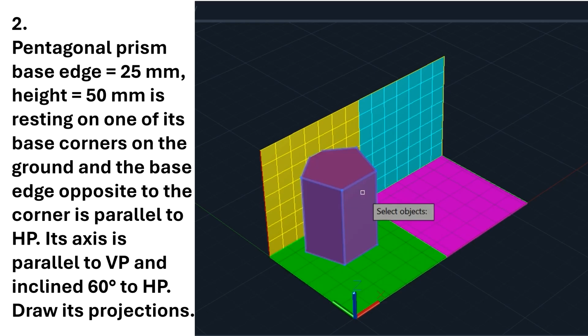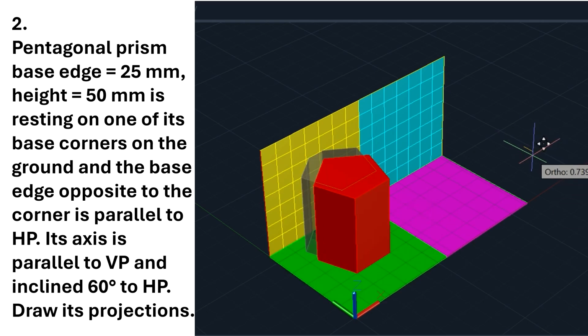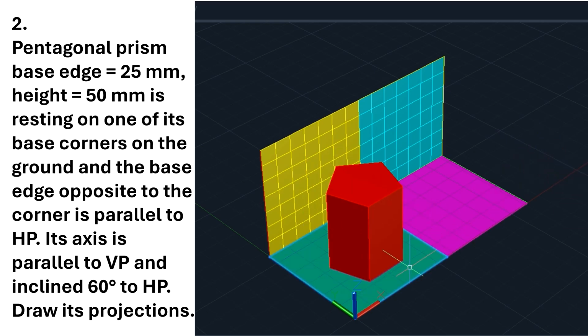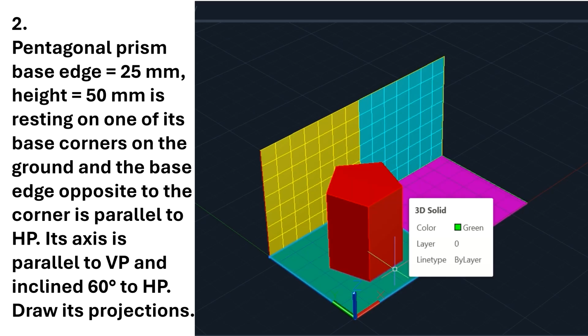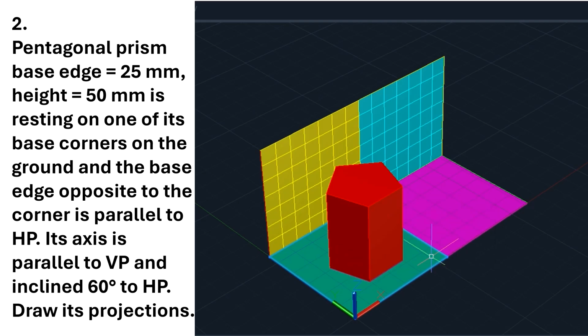So if you carefully observe this solid, this base edge is parallel to VP. That means this base corner also I can keep, but I will try to rotate in such a way that the base corner which is resting, I will make it at the right side.